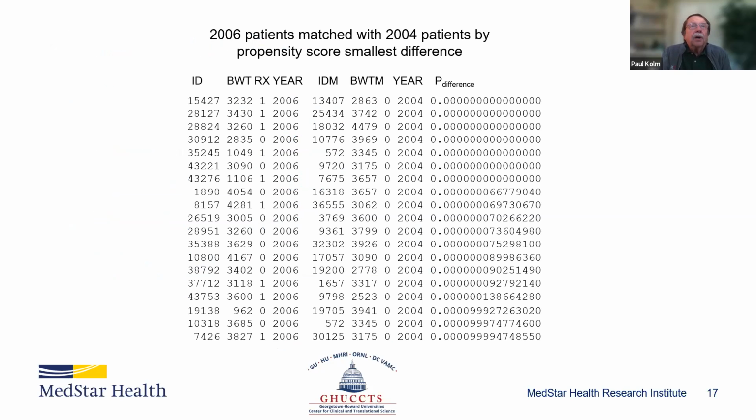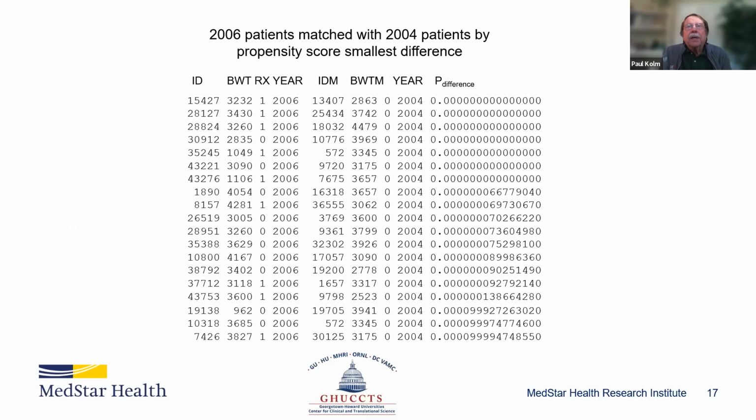So here's just the output to show how this works. On the left-hand side, we have the year after the intervention, 2006, and individual patients and the birth weight of their infant. And then on the right-hand side, we have those pre-intervention in 2004.